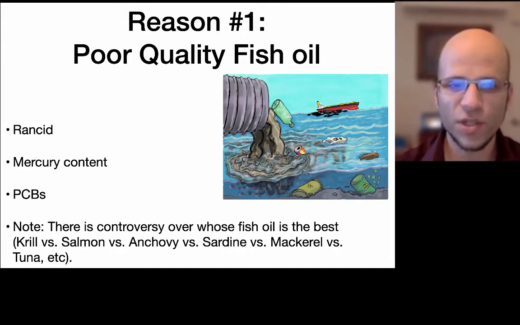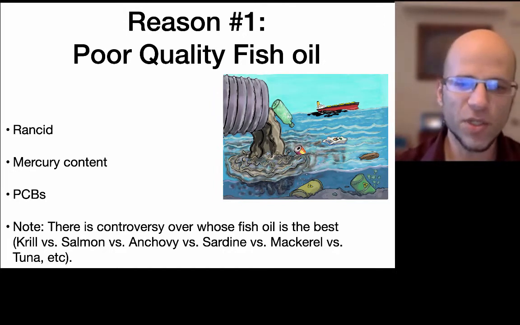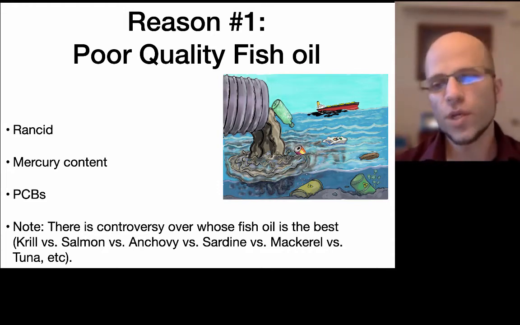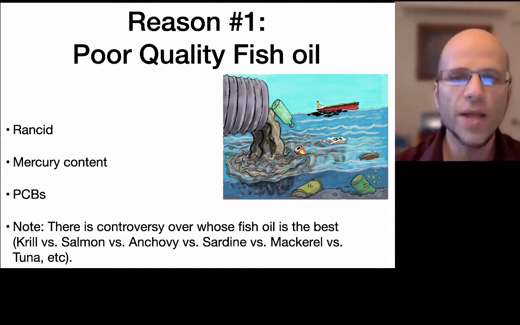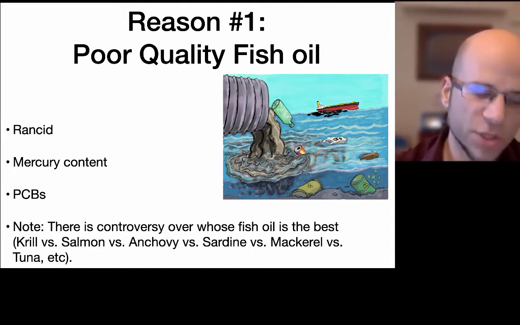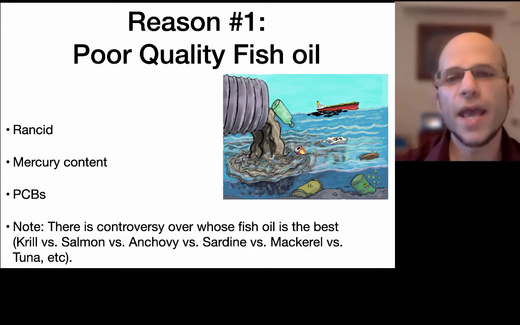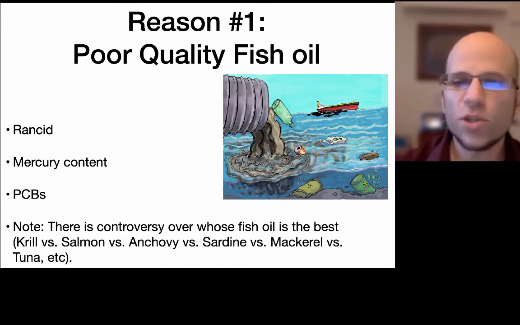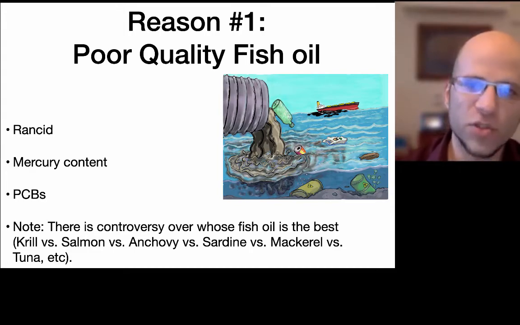It's either rancid, or there's bad mercury content or PCBs, and there's controversy over whose fish oil is best. This is really something to talk to one's clients and patients about: why it's important that they buy high quality fish oil from a practitioner-level only company, because you don't want them taking in toxins along with their fish oil. That's really, really important.